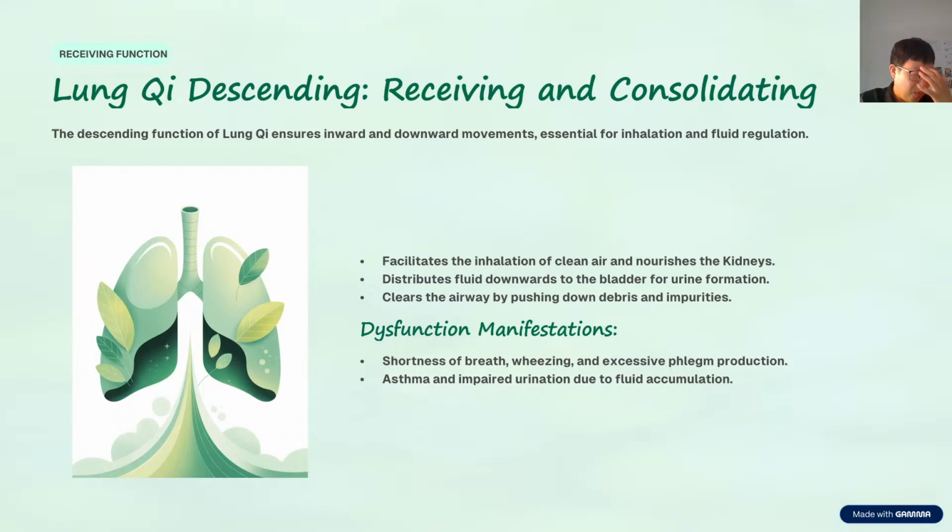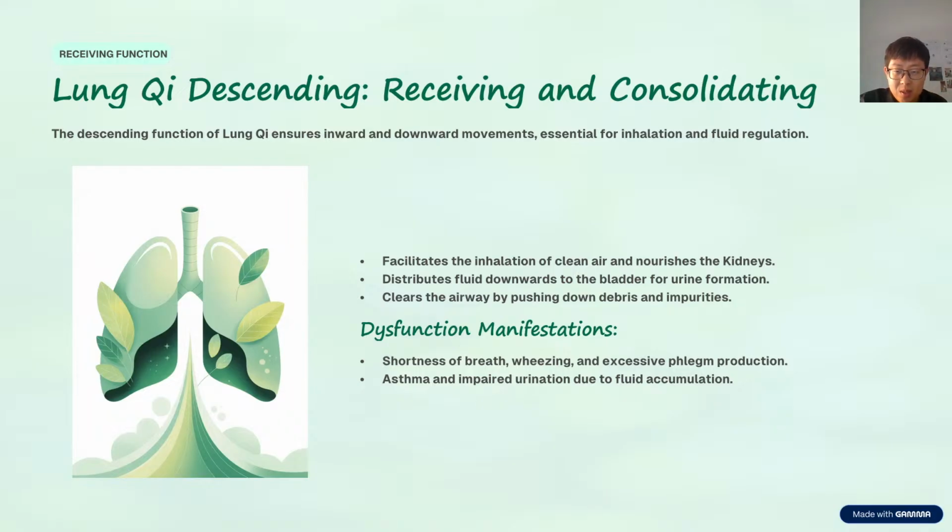Second, it directs the body fluids downward to form urine. As we said before, the lung also regulates the fluid in your body. It transports this fluid to the kidney to form urine. It's quite different from Western anatomy, right? And it also helps keep the airways clean.